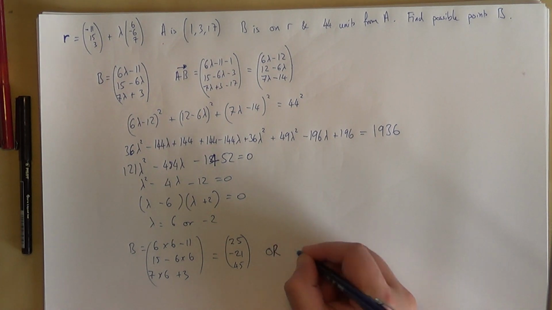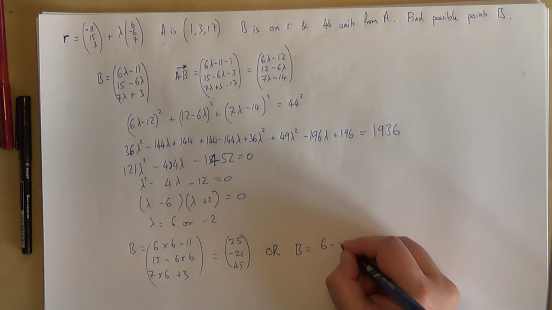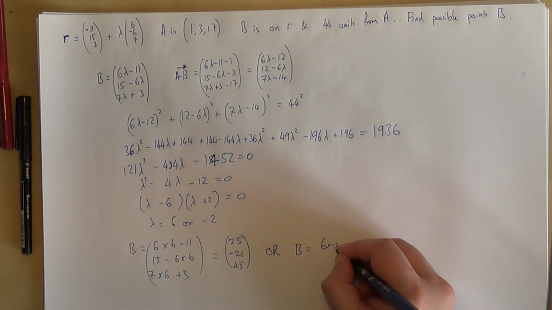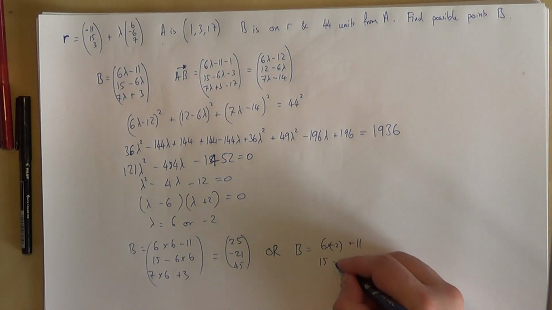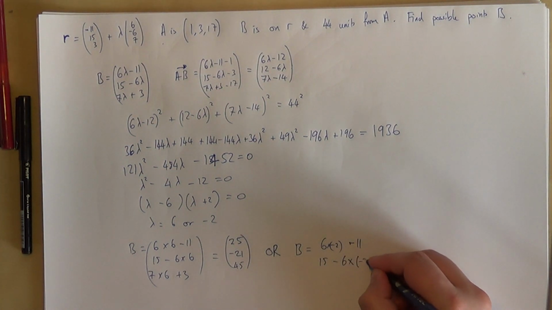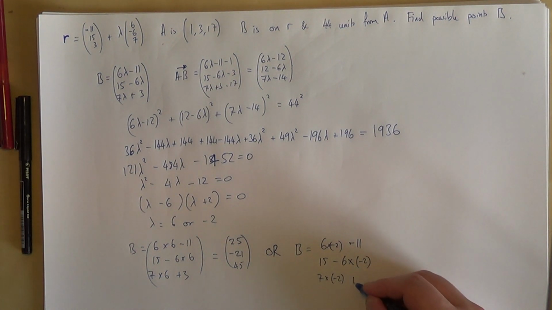Or, if we take lambda to be negative 2, we get B as 6 lots of negative 2 take 11, 15 take 6 lots of negative 2, and 7 lots of negative 2 plus 3.